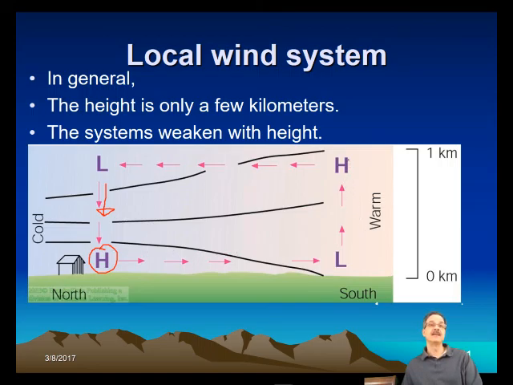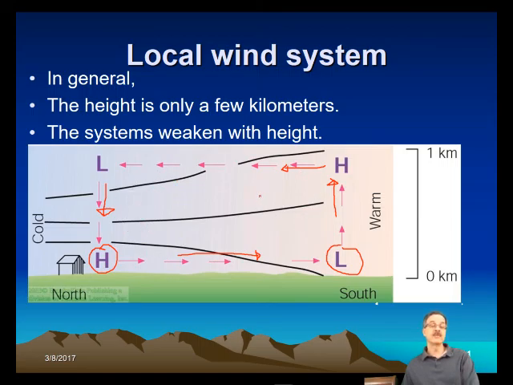Over the upper level high, the air is blowing away. In order to keep that high there, it's got to get air from somewhere, so it gets it from below, and the air moves up. This creates a thermal low at the surface, and we get pressure gradient forces between them, and you get this circulation pattern.